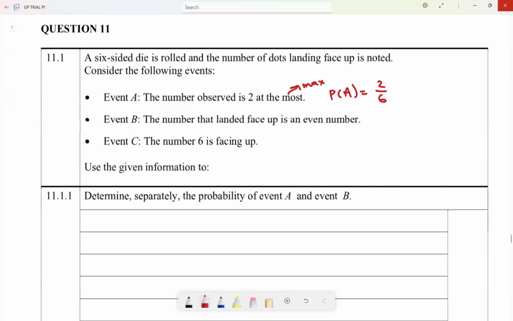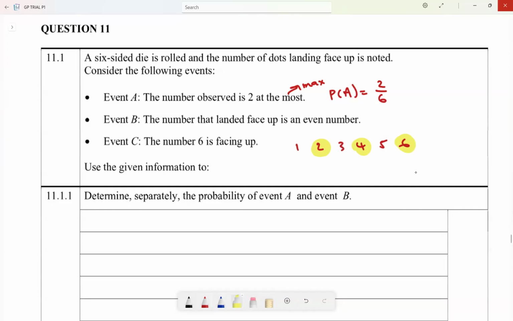Event B: the number that lands face up is an even number. Remember, when I have 1, 2, 3, 4, 5, 6, what is an even number? An even number is 2, 4, and 6.